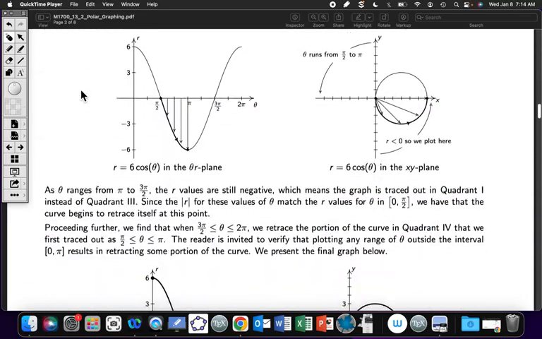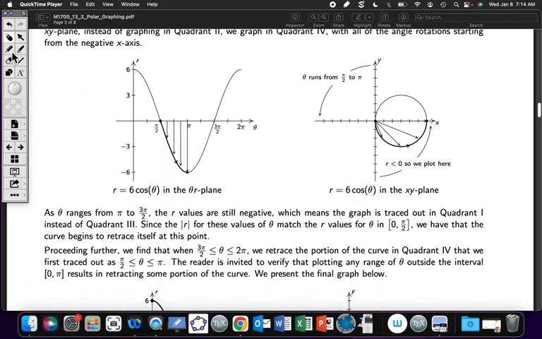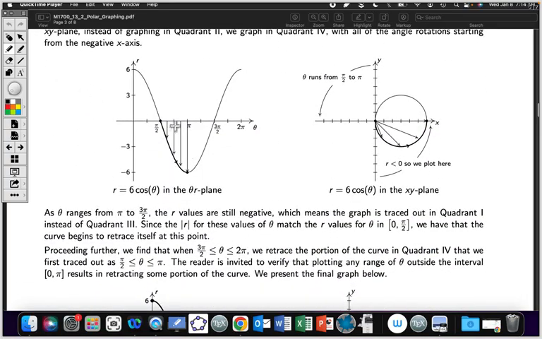Now let's go through the second arc. From pi over 2 to pi, the r values become negative. So here's pi over 2 and pi. As theta rotates here, the r values are negative. They go from 0 to negative 6. So instead of plotting here, since the r's are negative, remember they're pi units off, so they're being graphed in the opposite quadrant.